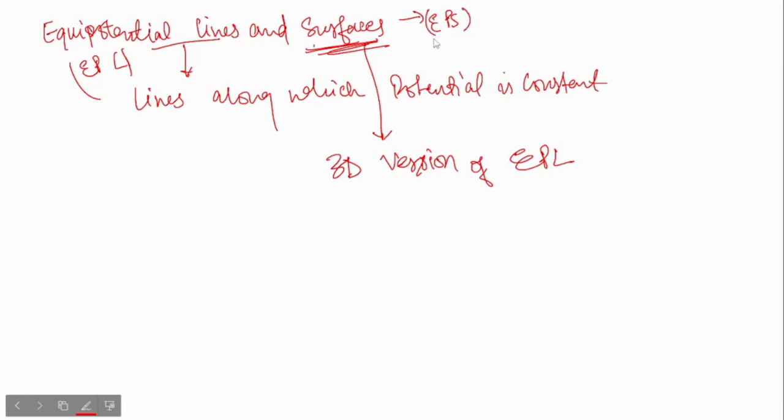This is equipotential surface. Okay. Another definition of equipotential surface can be: for a given charge distribution, the locus of all points having the same potential. Okay.